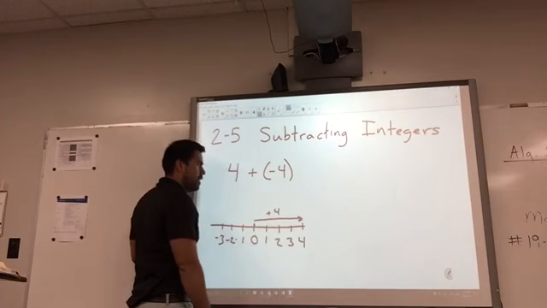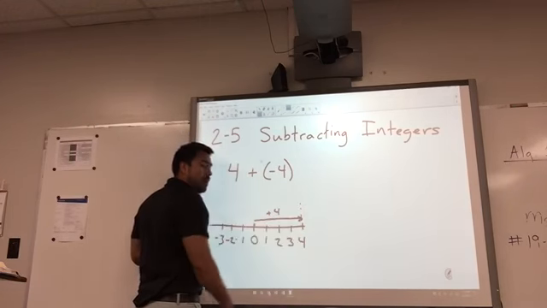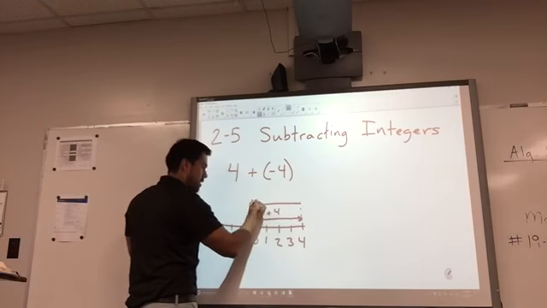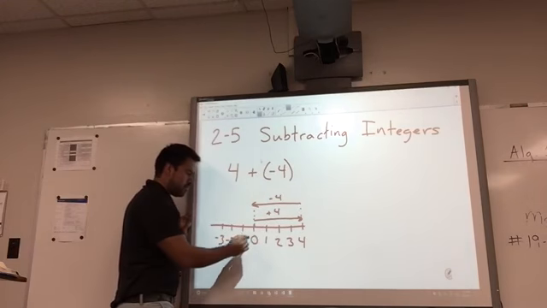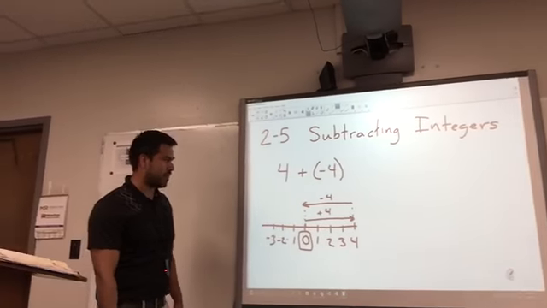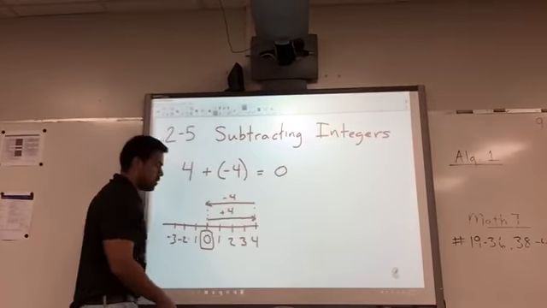That's plus 4. And I'm adding a negative 4, so I go to the left 4 spots. And where do I end up? I'll put a box here so you can see it. I end up at 0. So what's 4 plus negative 4? It's 0, according to our number line.